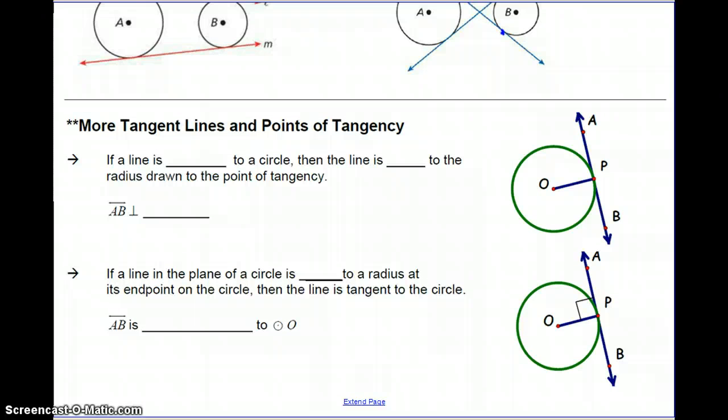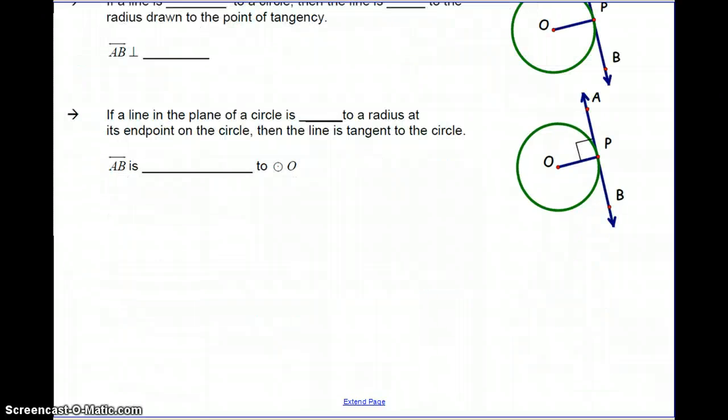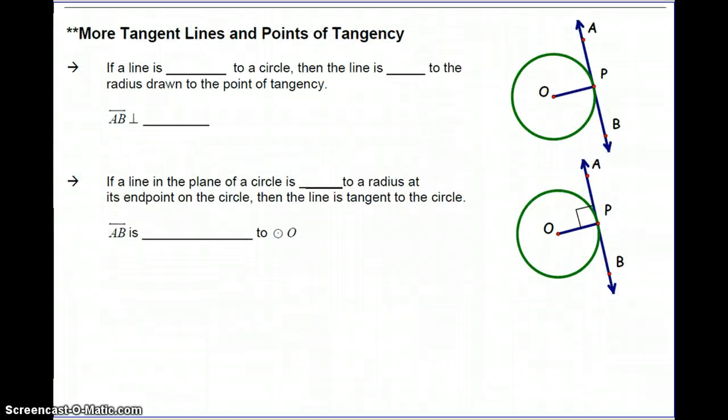Now we have more tangent lines and points of tangency. Now these two theorems are going to be a big factor on the next page with our examples. If a line is tangent to a circle, then that line is perpendicular to the radius drawn to that point of tangency.